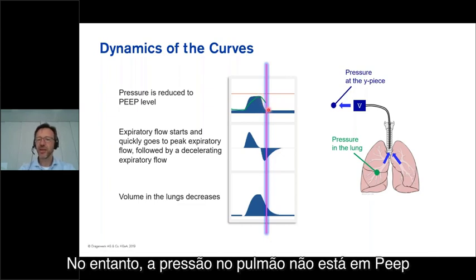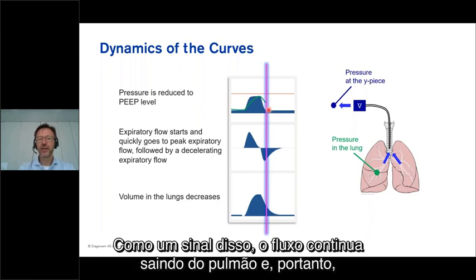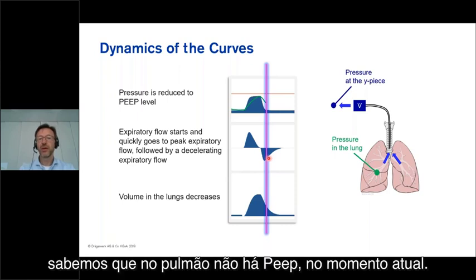However, the pressure in the lung is not at PEEP, because the lung simply needs time to equilibrate to this new pressure. As a sign of this, we still see flow coming out of the lung, and therefore we know that in the lung there is no PEEP at the current moment.